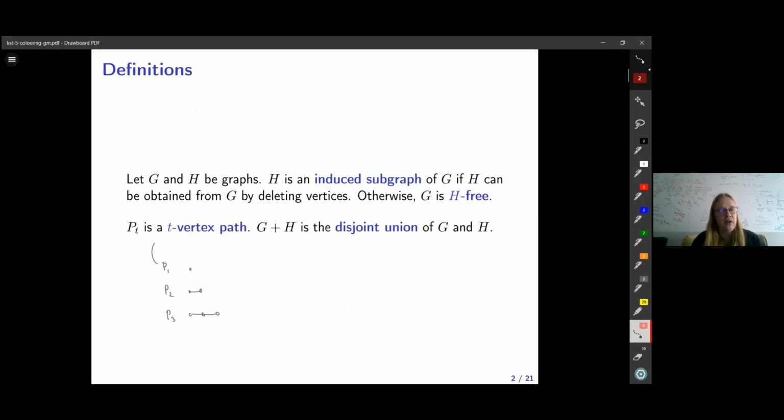And throughout the talk, we'll keep bringing up T-vertex paths because they seem to matter a lot for this question. And the most important thing is that when I say PT, T is the number of vertices, so this is P1 and this is P2. And we will also look at disjoint unions of graphs.